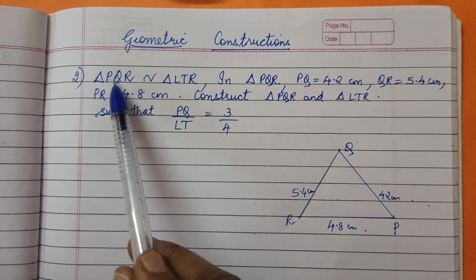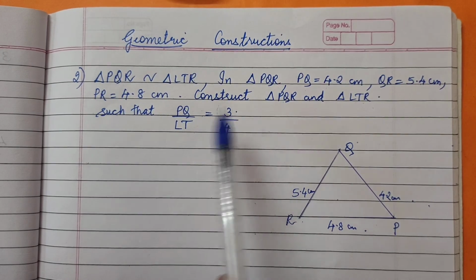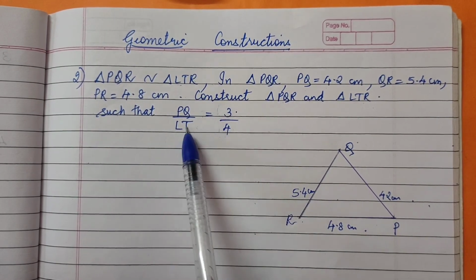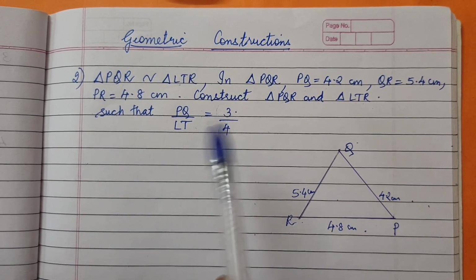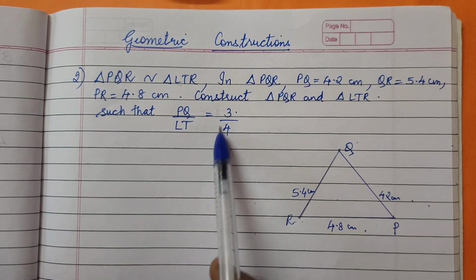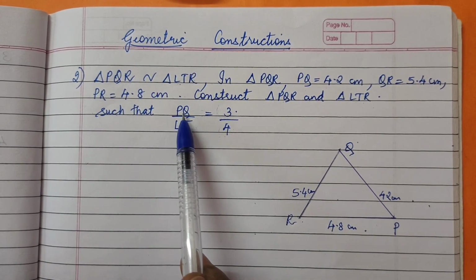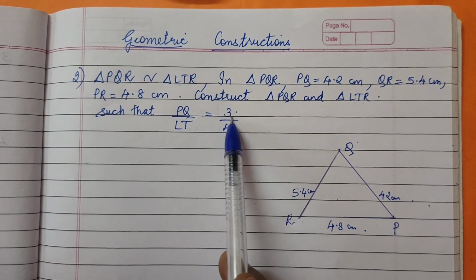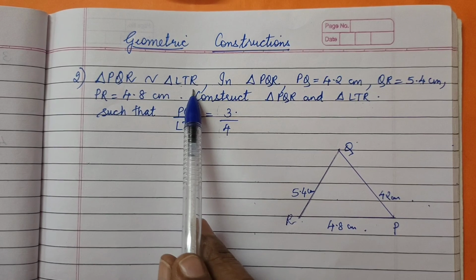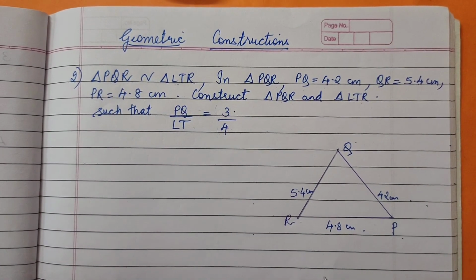See the triangle PQR is 3, उसके सामने देखो 3 है रेशियोज का, और LTR का क्या है? 4 है. तो इससे हमें पता चलता है कौन सा ट्राइंगल बड़ा है. तो हमारा LTR ट्राइंगल बड़ा ही होगा क्योंकि LTR का जो रेशियो हमने देखा है 4 का रेशियो है, 4x करके some common constant. Here also PQ का क्या है? 3 है. तो ये जो LTR ट्राइंगल हम कंस्ट्रक्ट करने वाले हैं वो बड़ा होगा, इस ट्राइंगल से बड़ा.